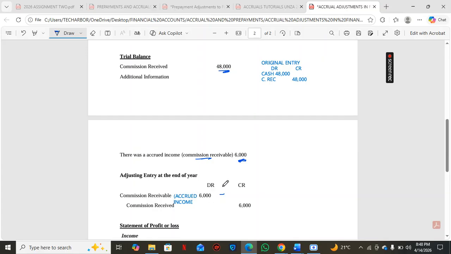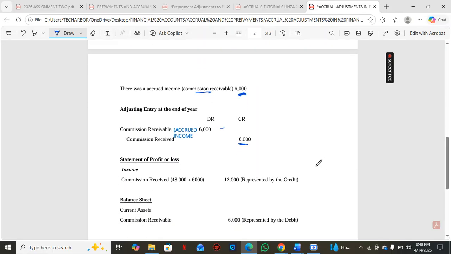Then you're going to credit commission received. Remember the accruals concept: expenses and revenue or income, you're going to record them regardless of whether you've received money or paid money or not. So we credit commission received 6,000 to represent the true commission that we received for that year.